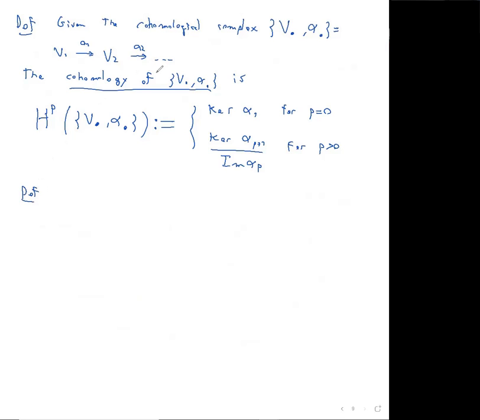So once we have new objects, cohomologies in this case, cohomological complexes in this case, we're interested in morphisms between these objects because categories have lots of nice properties.